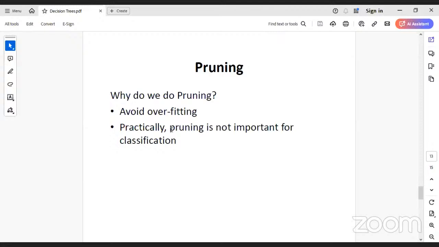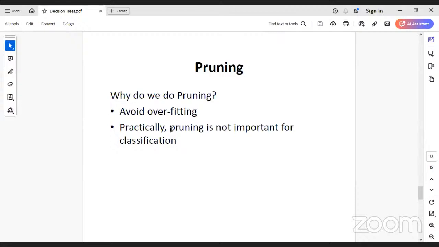The second one is CART, classification and regression trees. CART is the second subtype of the decision tree. So in C5.0, we have to experiment so that we will remove that overfitting.